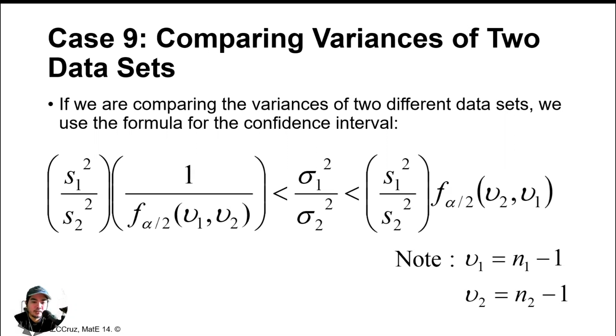Denominator natin is upper limit is equal to this one. Sorry. Equals to numerator over denominator multiplied by FRT.